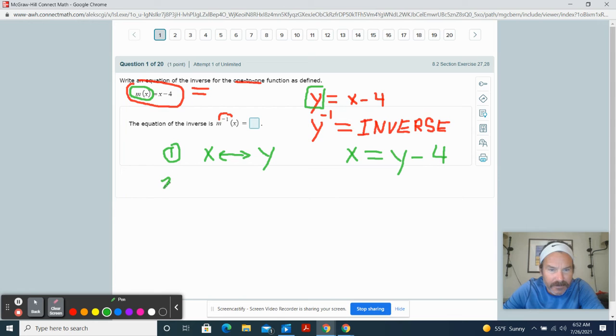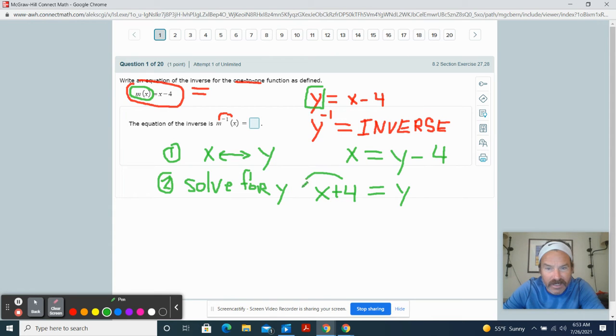Second step, remember there's only 2 steps to find the inverse. First step, switch the x's and the y's. Second step, solve for y, because you're going to have to get y by itself. So we solve for y here. We add 4 to both sides.